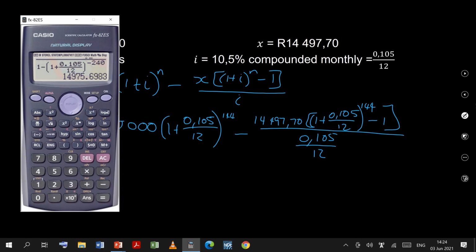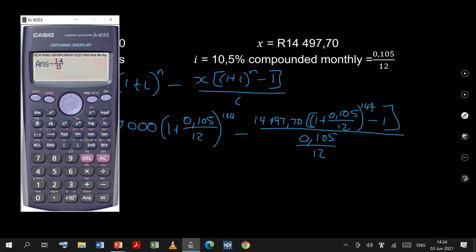And then from there you can just go straight into the calculator to find what this is going to be. So I'm going to calculate it bit by bit, so that it does not overload this calculator of mine. 1 plus 0.105 over 12, raised to the exponent of 144. And that will give me that much. And then I must subtract the future value from there.